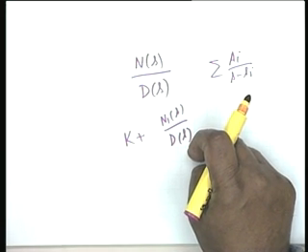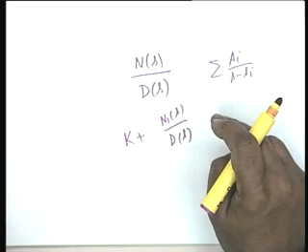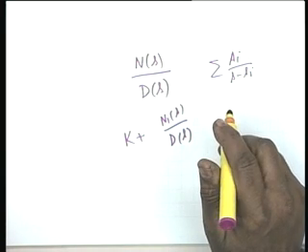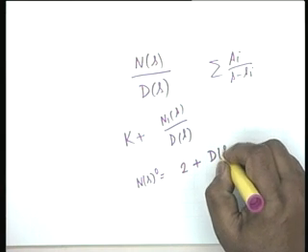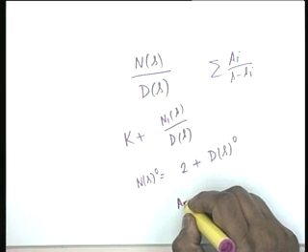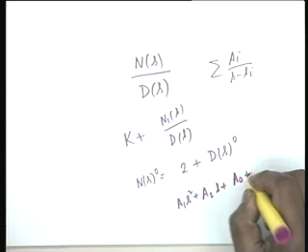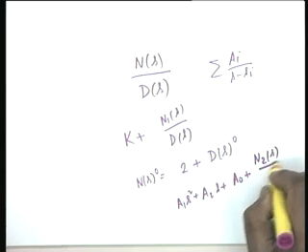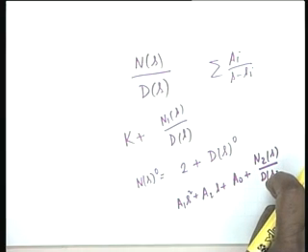It must have been. Alright, does not matter, we recall: if the degree of n of s was higher than the degree of d of s, suppose n of s degree is 2 plus degree of d of s, then you have to take out a term like a2 s squared plus a1 s plus a0 plus n2 of s divided by d of s, where n2 is at least 2 degrees lower than d, at least 2, it could be more, because not only the second degree term but another term may also cancel.